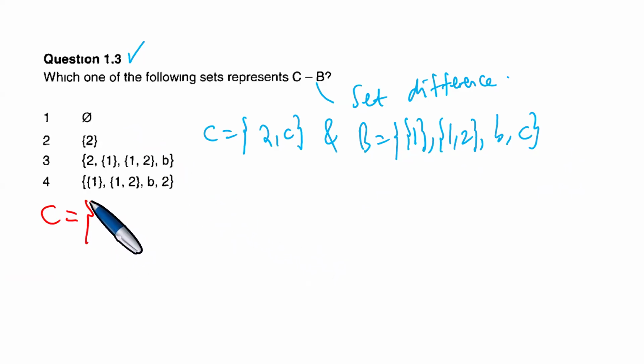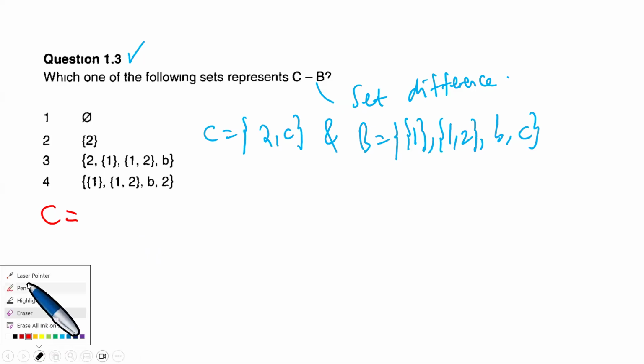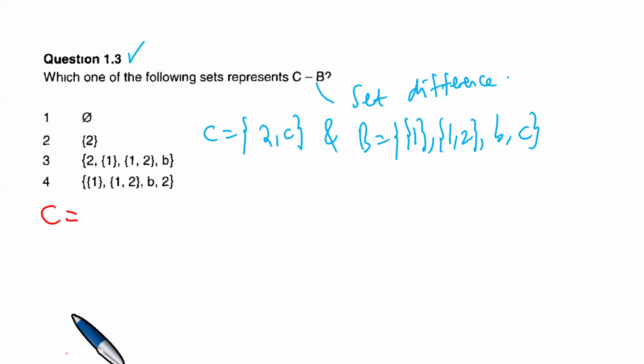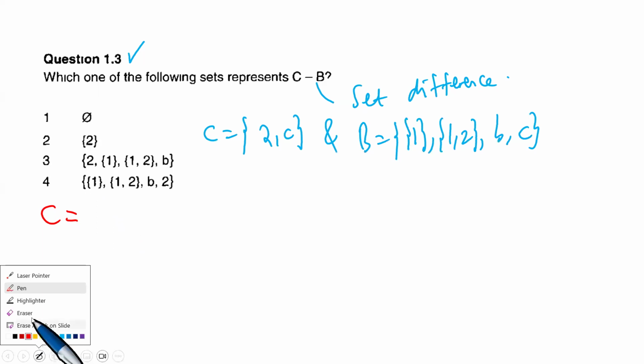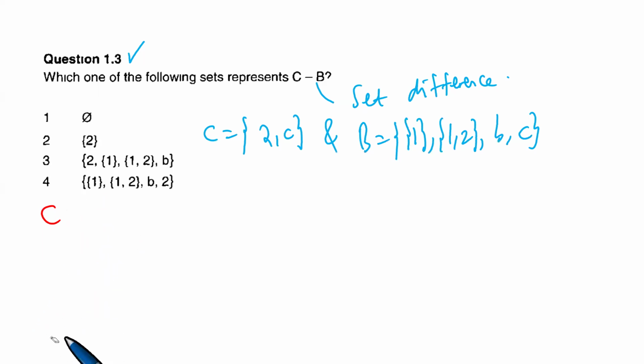So we then say 2 together with C. Right, so 2 together with C. Obviously, we understand that they represent the elements there. So if you have exactly that, we're going to say we have C minus B. Let's write it down.